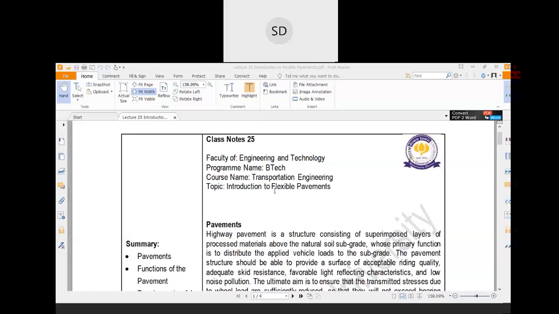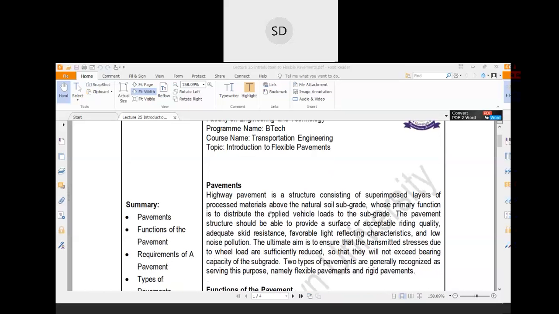Now, this bituminous structure should be able to provide a surface of acceptable or smooth riding quality, as well as adequate coefficient of friction so as to minimize or nullify any chances of skid or slipping.